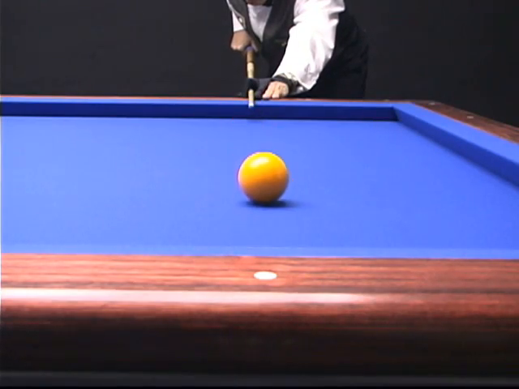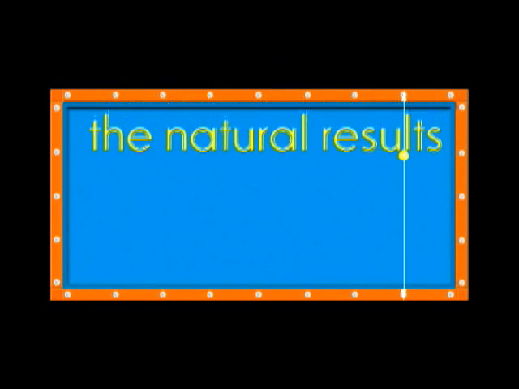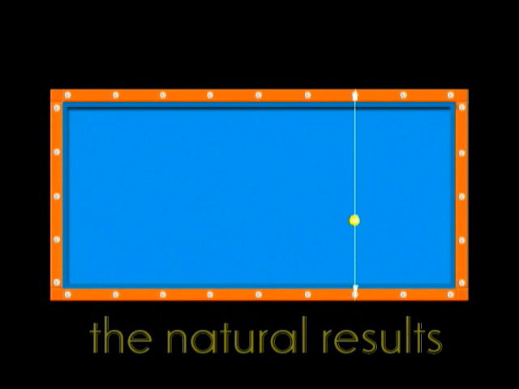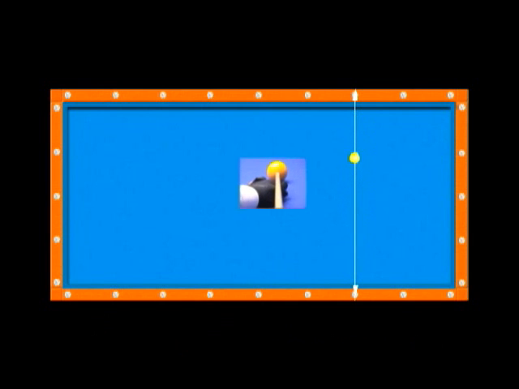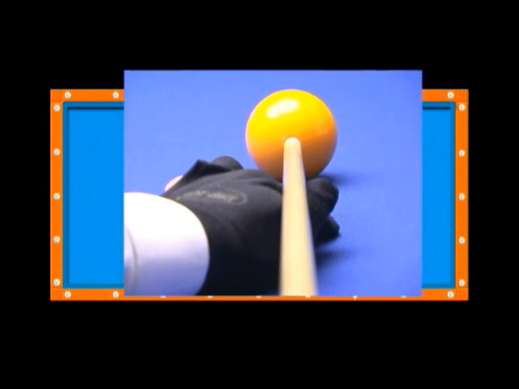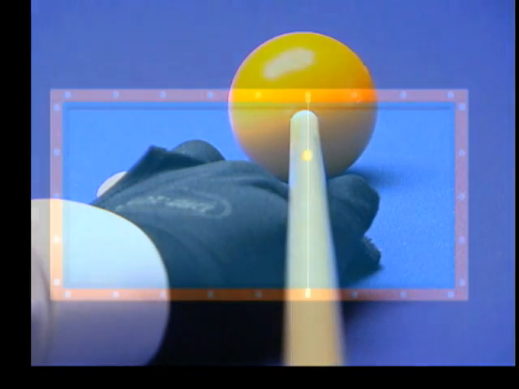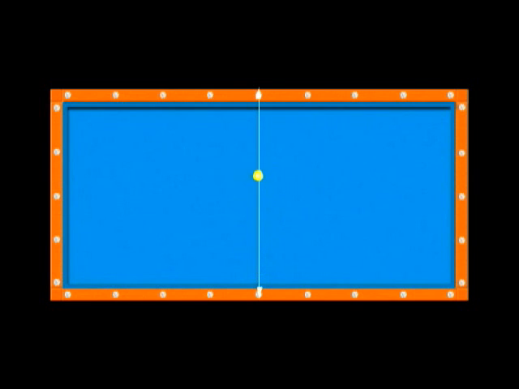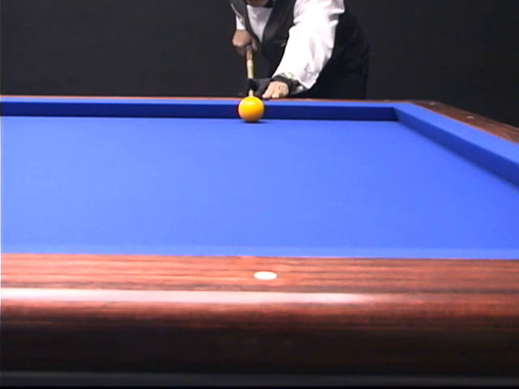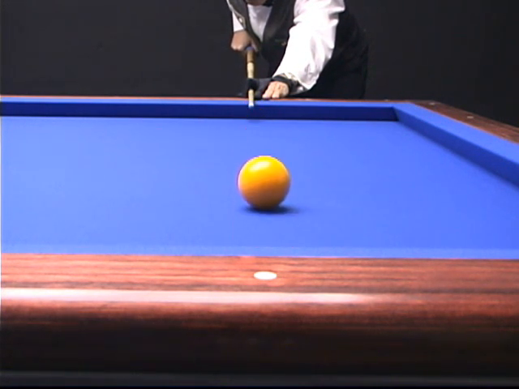We have just been introduced to a very powerful billiard principle, the basics of what we will call the natural results systems, or the dead ball systems. The key to all dead ball systems is to master the art of hitting the cue ball right where you want it, which in turn will allow you to control the cue ball and the object balls for position play.